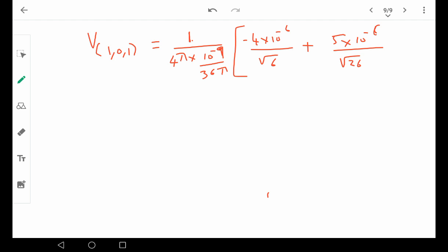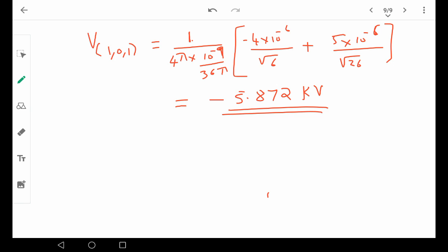So you can find it as minus 5.872 kilovolt. That's the answer for this question.